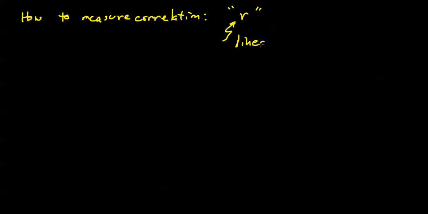Well, the next question we want to ask is how to measure correlation. And there will be a measure of correlation that will enable us to tag a number right onto it. We're going to measure the correlation with something called r, lowercase r, and that is the accepted terminology or symbology for linear correlation coefficient.